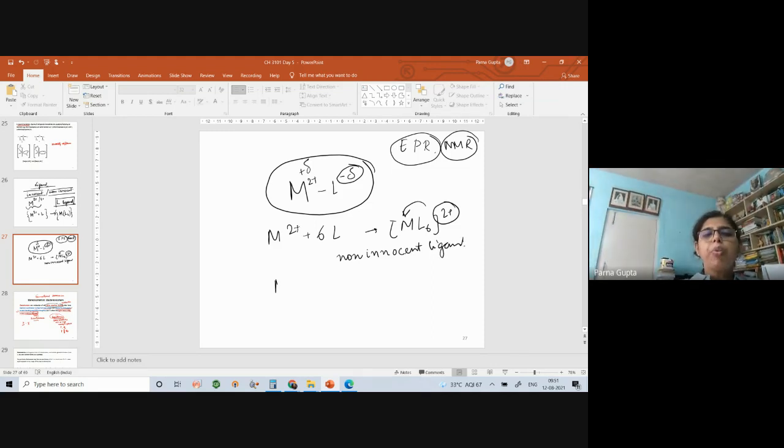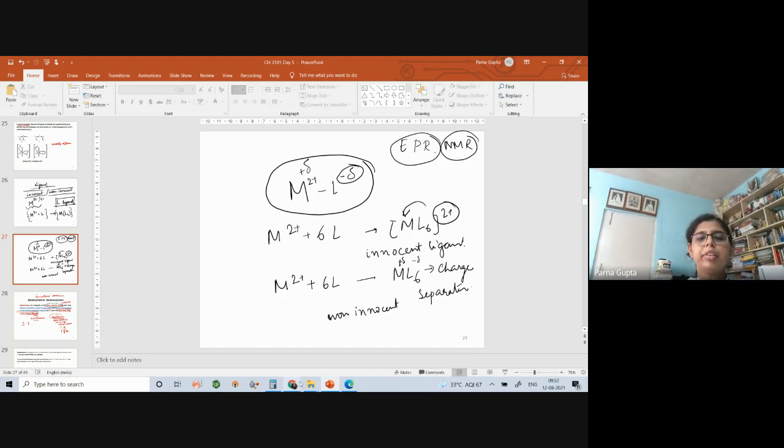But if after the formation of ML6 there is a charge separation, then it is called non-innocent.